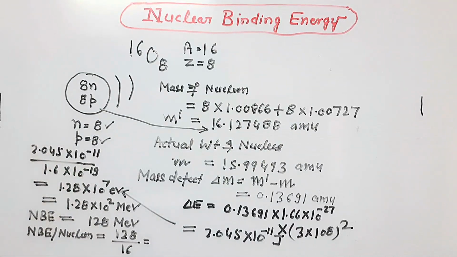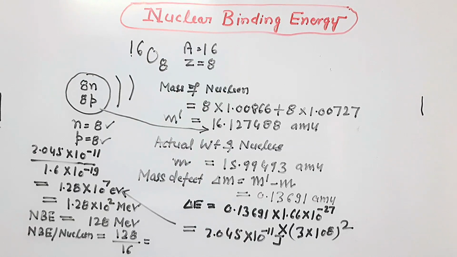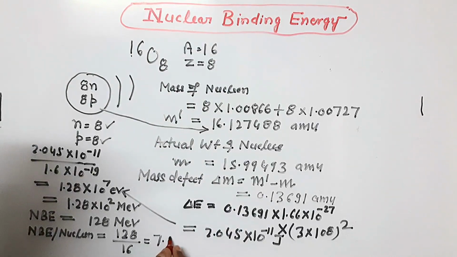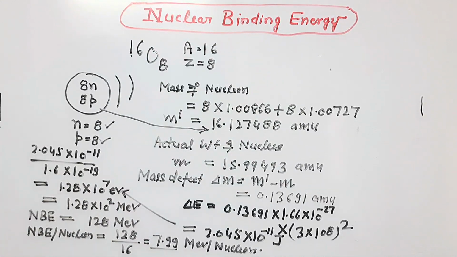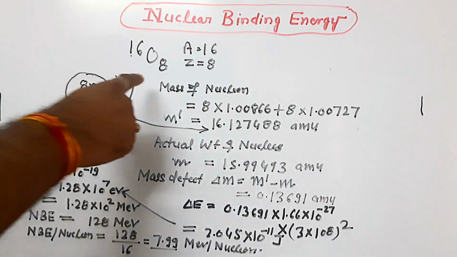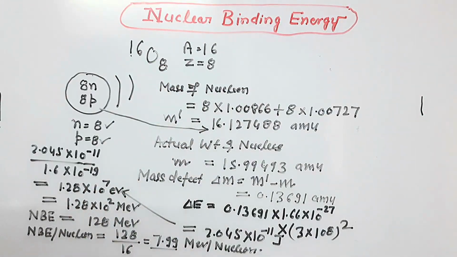When you calculate, the value comes around 7.99 MeV per nucleon. So you see, this meets the stability criterion. Around 8 it is coming. Hence the nucleus of the oxygen-16 atom is stable.